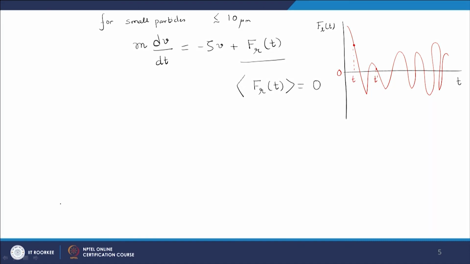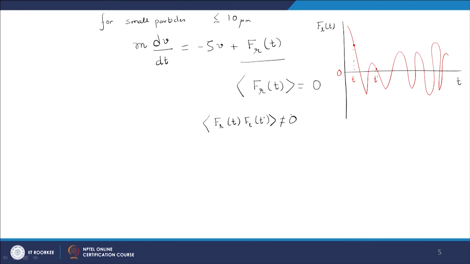So, now I want F_R(t) F_R(t prime) to be non-zero. Now the question is, non-zero means what?